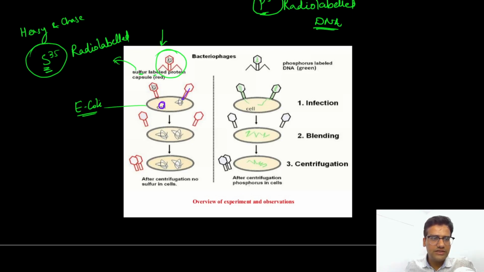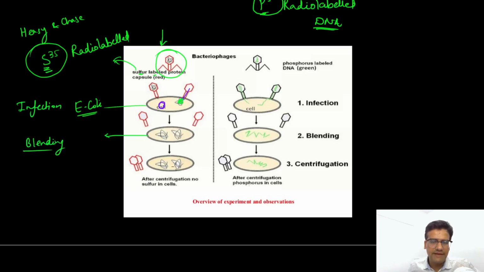This particular genetic material is the bacteriophage DNA, because in this case sulfur was radio-labeled and the protein was labeled, not the DNA. This step is what we call infection. The next step was blending.